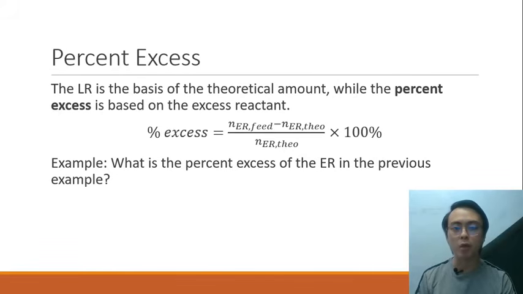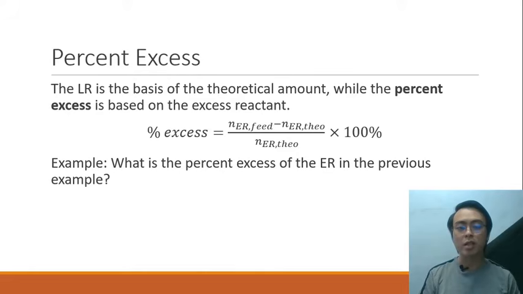Percent excess is equal to the number of moles of the excess reactant in the feed minus the number of moles of excess reactants theoretical divided by the number of moles of excess reactants theoretical. We can also solve for the N-theo or the number of moles of theoretical amount of the reactant consumed for the excess reactants. So we have the same example.